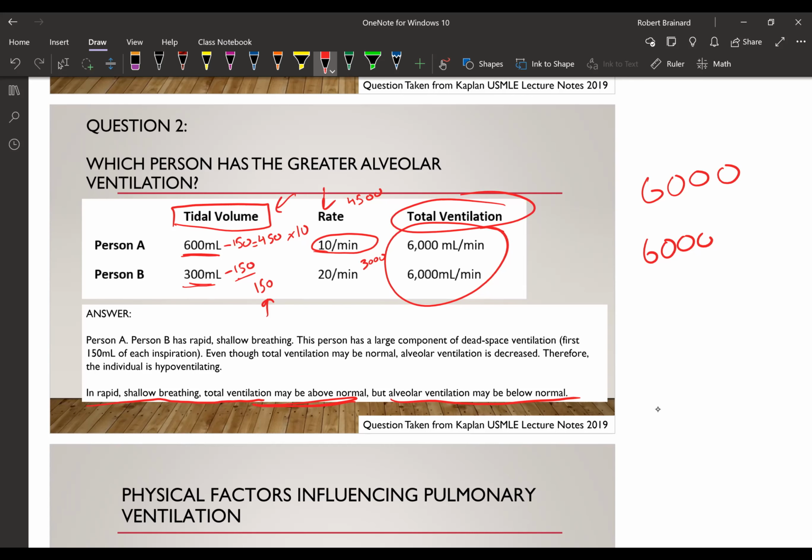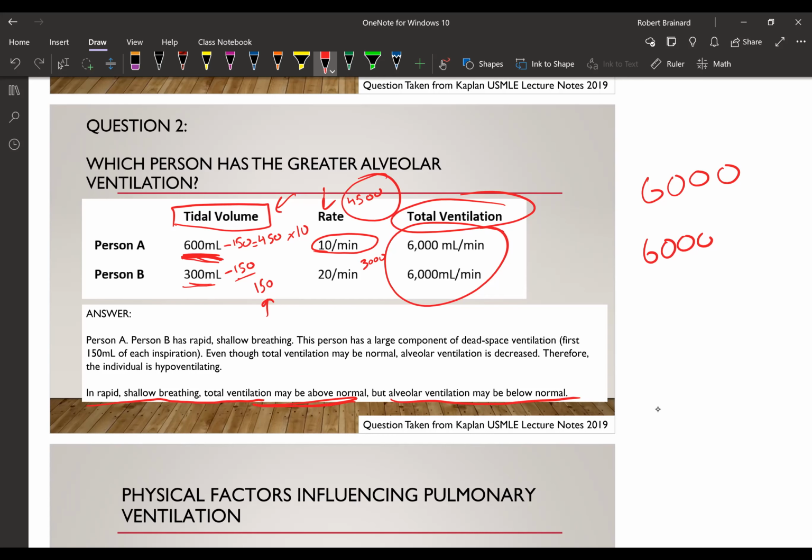Yes, that makes way more sense. Thank you. And yeah, in this example, we're incorporating dead space, and the larger tidal volume of person A minus normal dead space allows them, even though their rate of respiration is half, to still have 4,500 mils getting to the respiratory zone.